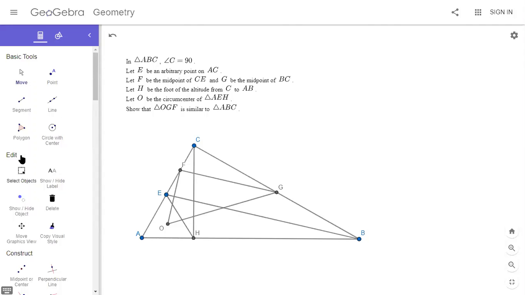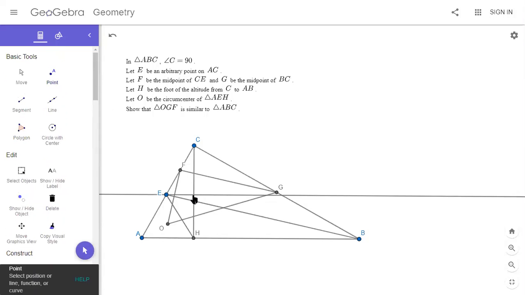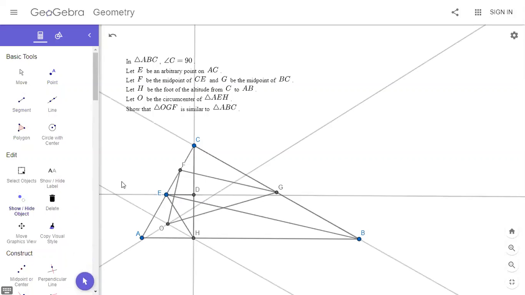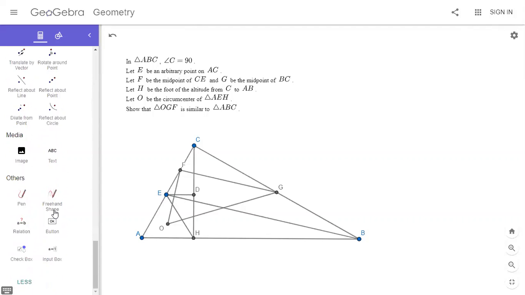Okay, let me try this. So if I draw a perpendicular from E to CH at D, triangle EDC is similar to triangle CHB.